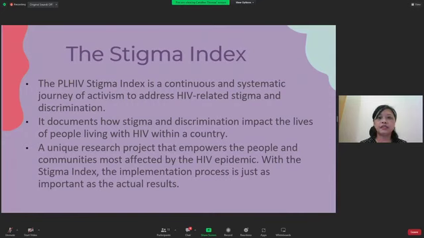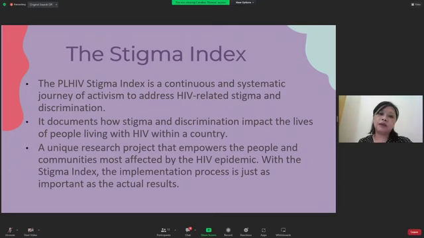Stigma index is a continuous and systematic journey of activism to address HIV-related stigma and discrimination. The stigma index actually documents how stigma and discrimination impacts the lives of people living with HIV within a country. So it is also a unique research that empowers people and communities most affected by the HIV epidemic.